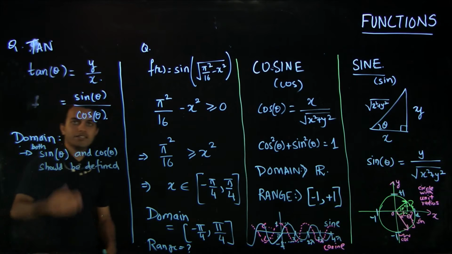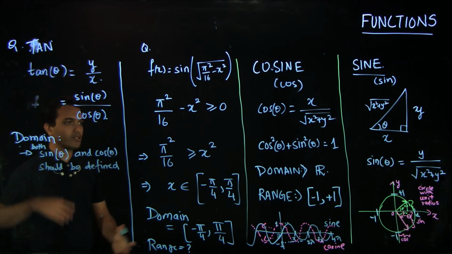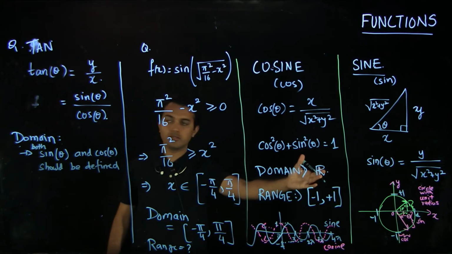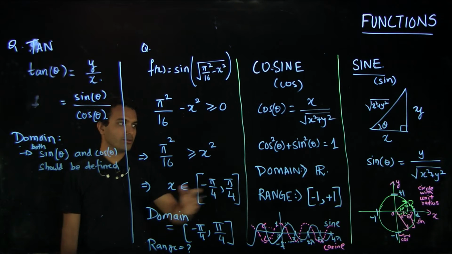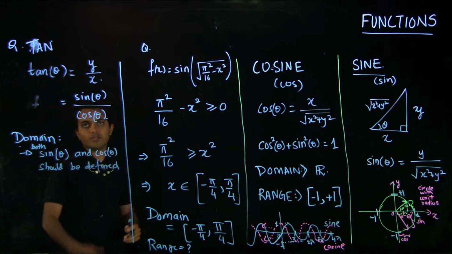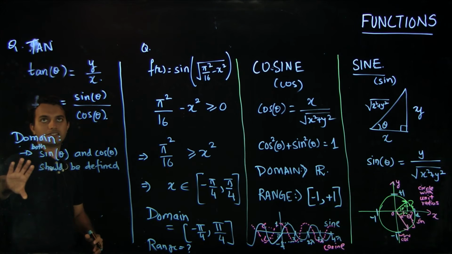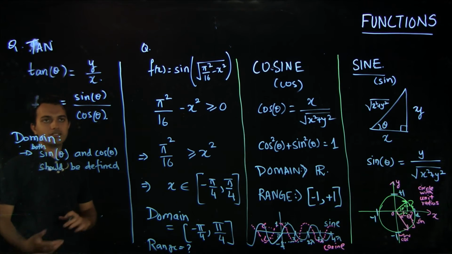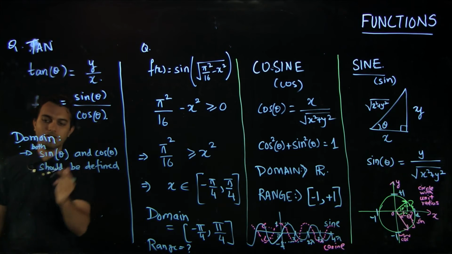And in this case there are no exceptions because of this, because for both sine and cosine the domain is the whole real line. So this does not impose any restrictions on the domain of theta. But since cosine is in the denominator, it cannot be 0.